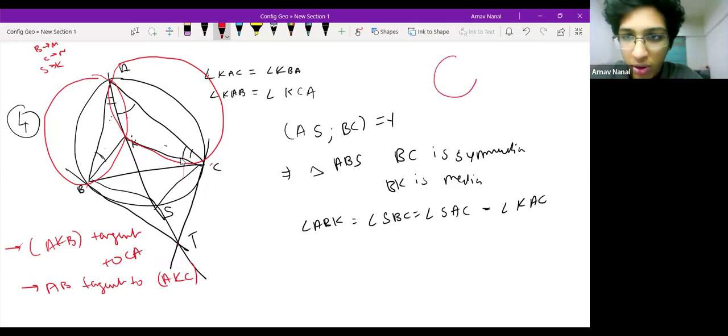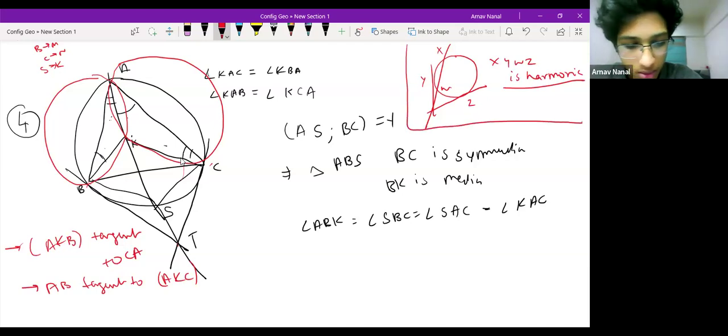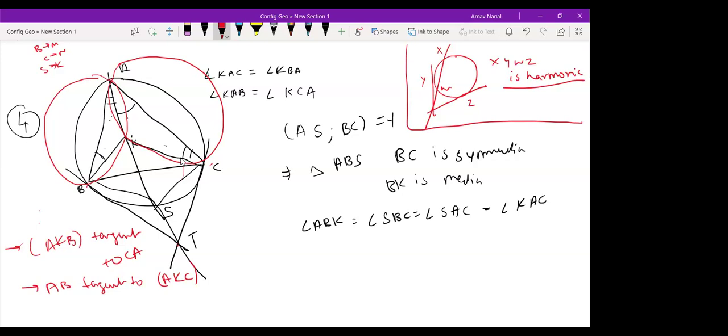You know that if you have a circle and two tangents and any line through this point, then X, Y, W, Z is harmonic. Is this fine or should I elaborate? Yeah, got it, thanks. Yeah, next.